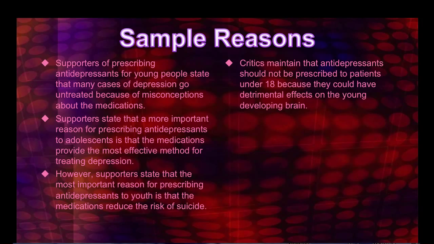So this statement would then introduce a section that would present the evidence that the critics use to support the idea that these medications might hurt young brains that are still developing.